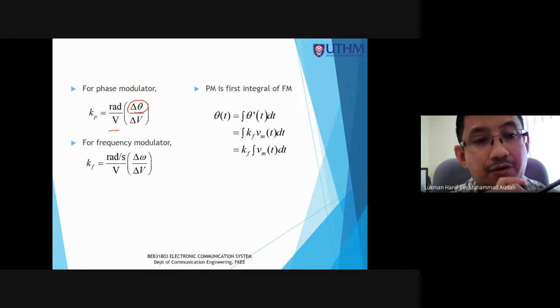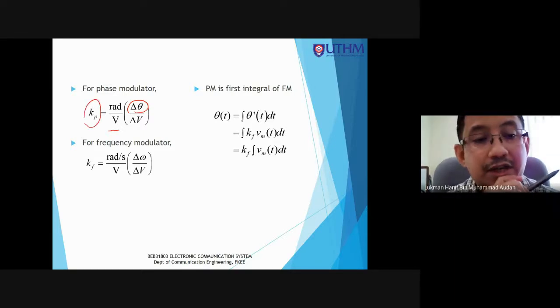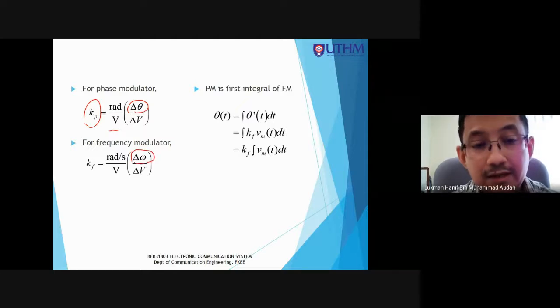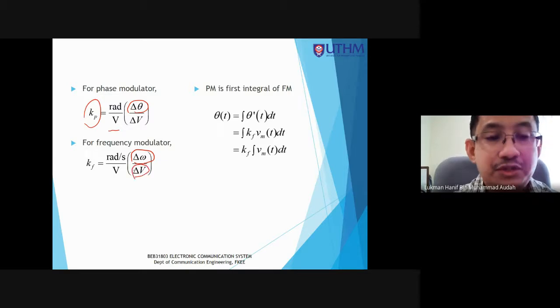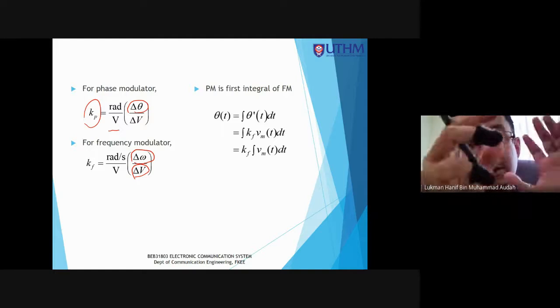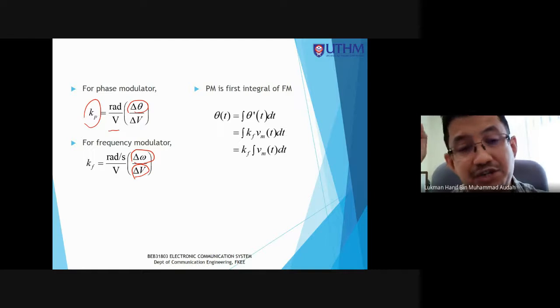Unitnya adalah radian per volt untuk Kp. What about Kf? Kf is radian per second per volt, which is defined as the difference of omega of the carrier divided by the difference of voltage of the carrier. So remember that the changes happen in the carrier, not in the information signal.